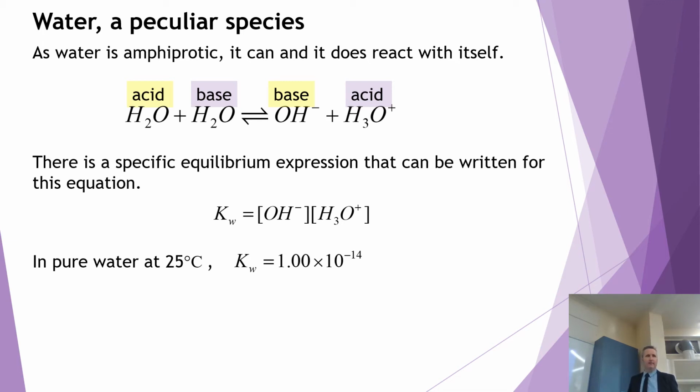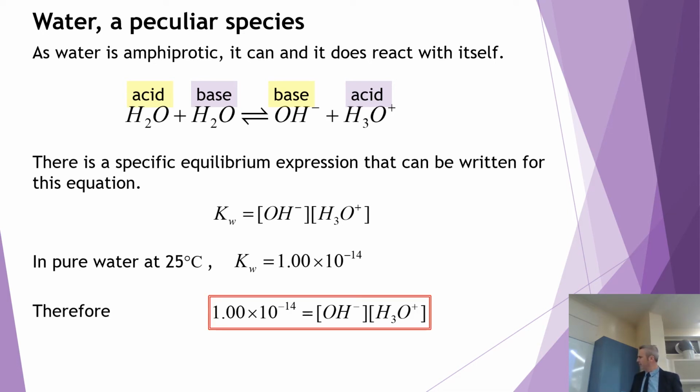That's the value, so the amount of products is actually quite small. It's a very small number, right? Here's the point: if OH minus equals H3O plus, they must be the same, right? So 1 times 10 to the negative 14 must be the product of the concentrations of OH minus and H3O plus.